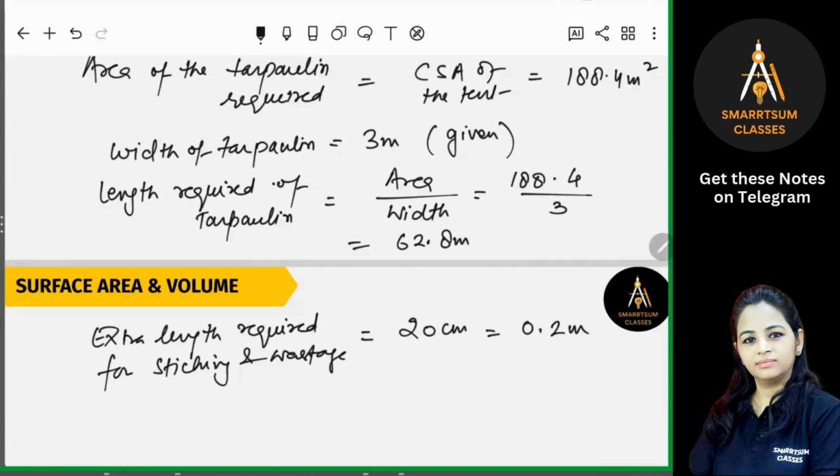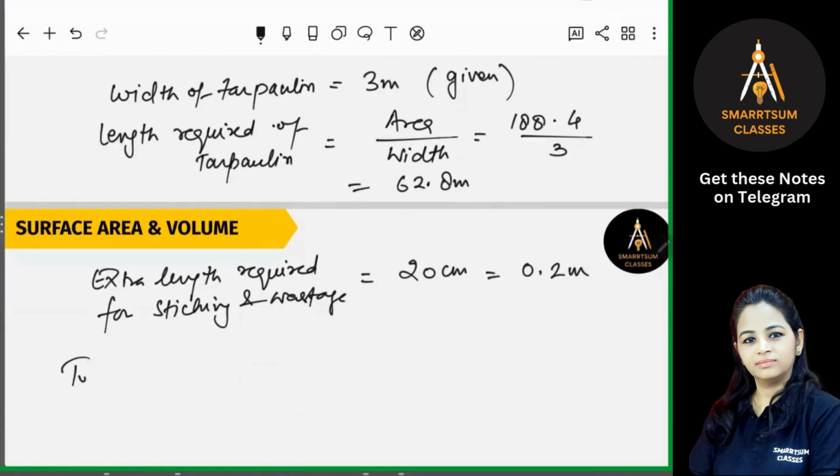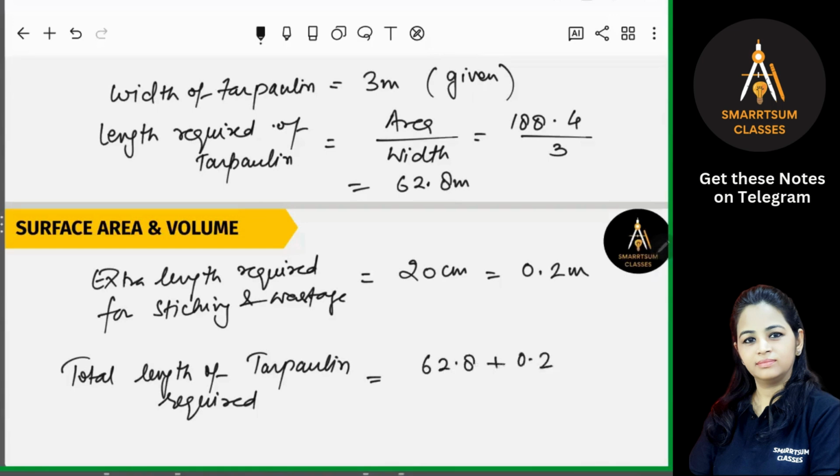So this is the extra material required for stitching and cutting. And the length of the tarpaulin required to make the tent is 62.8 meter. So now you can find the total length of tarpaulin required to make the tent, which is the addition of both, that is 62.8 plus 0.2 meters, that is 63 meter.